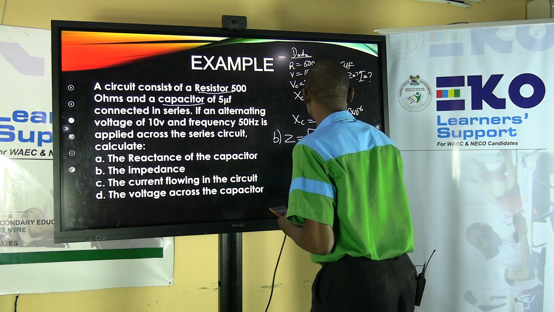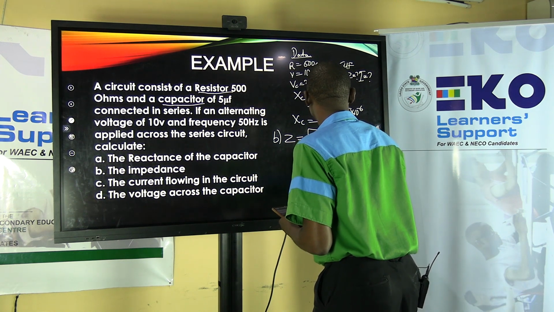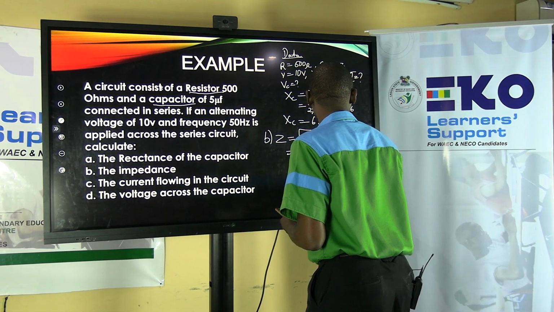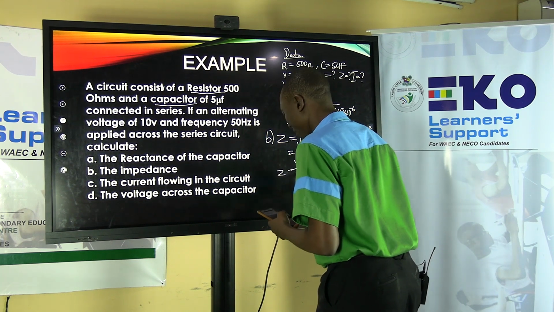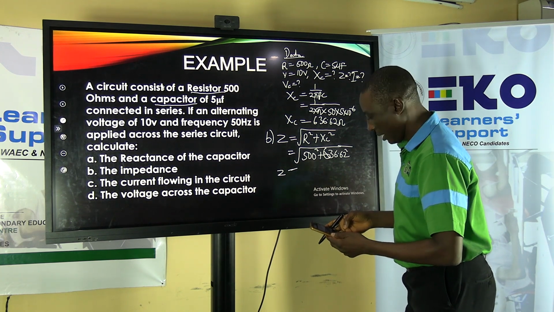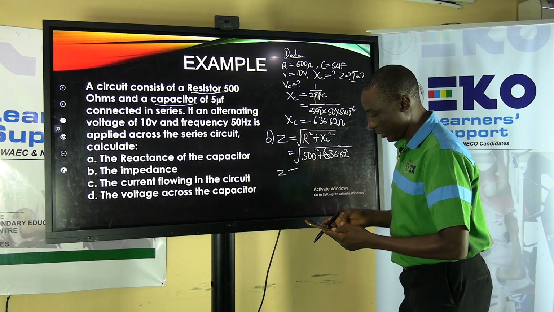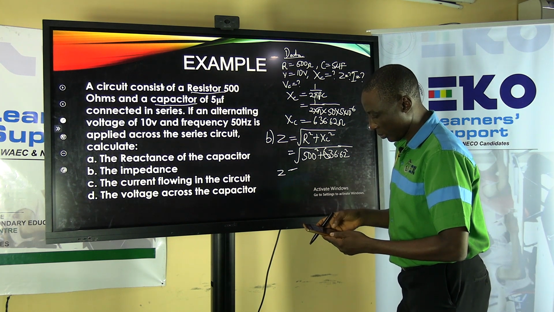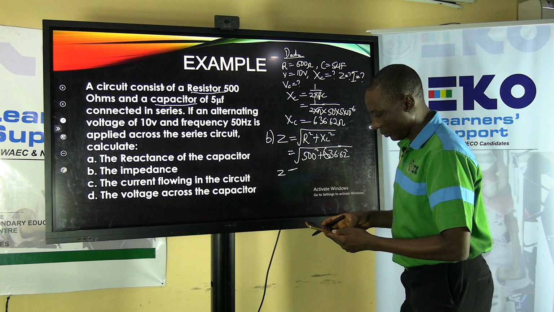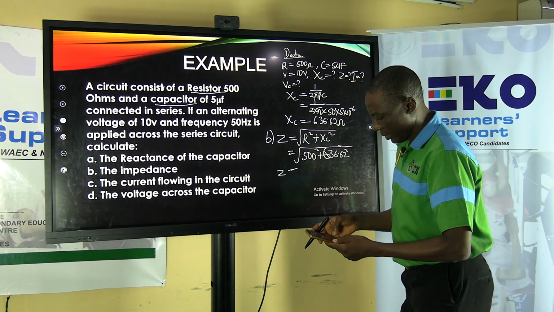So we have 500 square plus 636.62 square.